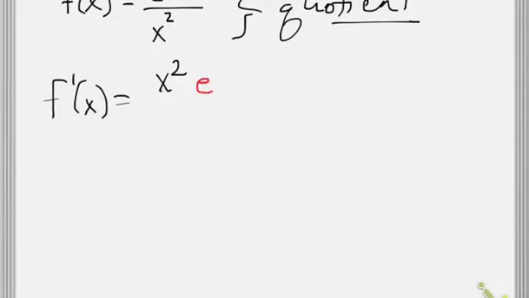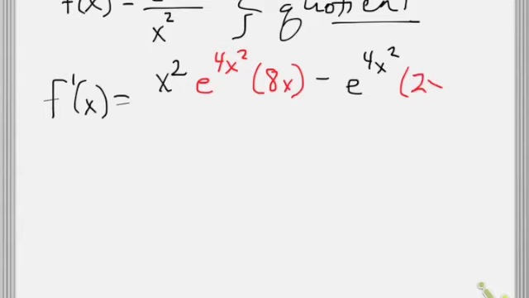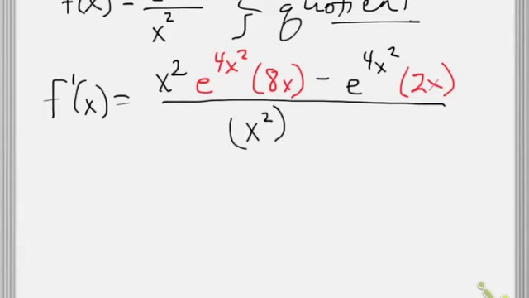So I'm going to write what I see. Okay, and now I'm going to multiply that by the derivative of that exponent. So the derivative of 4x squared is 8x. Okay, minus high d low. So now I need to multiply this by the derivative of the denominator, and the derivative of x squared is 2x, all divided by the denominator squared.